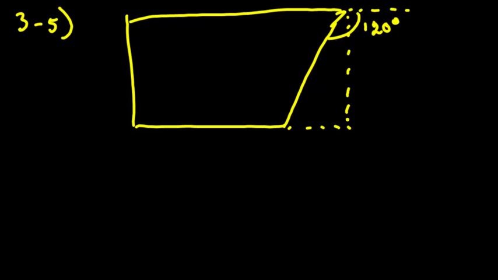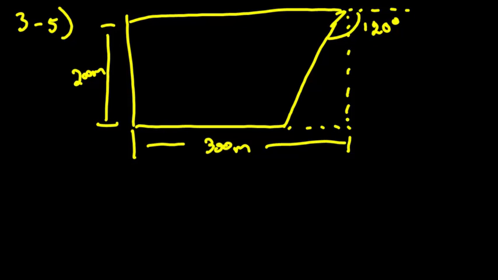And the height of this is 200 meters. And the length from this point to this point is 300 meters. What we're asked to do is find the area of the triangle portion of the lot. So find this missing area.